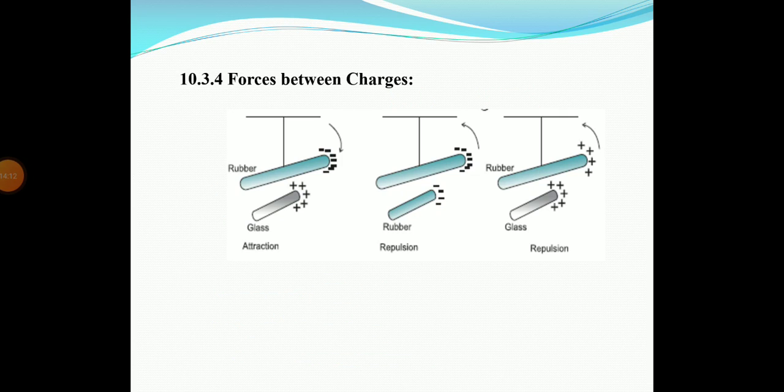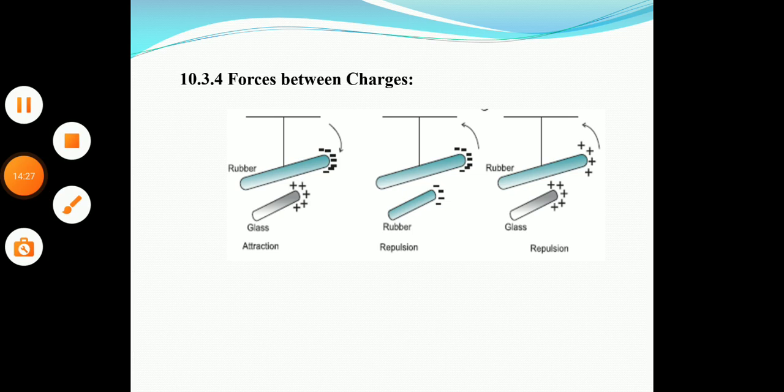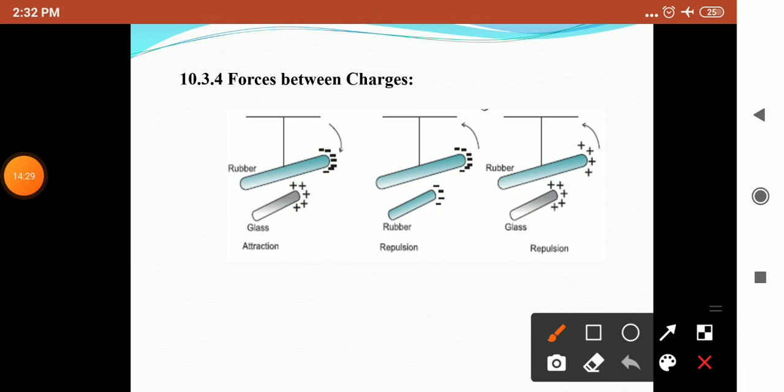Then forces between charges. It was observed in carefully conducted experiments with charged objects that they experience force when brought close but not touching each other. This force can be attractive or repulsive. Like charges repel each other and unlike charges attract each other.